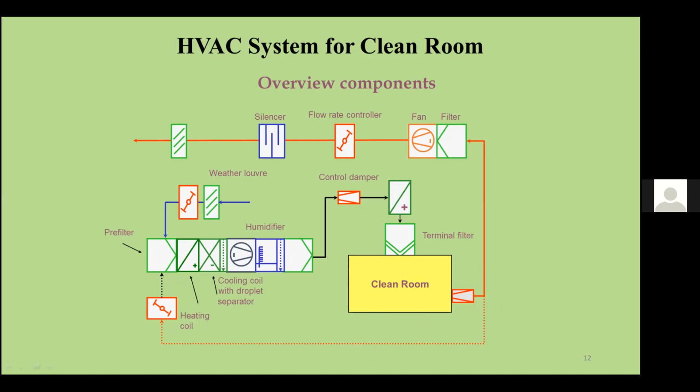At that time, the clean room air is filtered again through the HVAC system and passed into the clean room again. But suppose we use some hazardous chemical or contaminated chemical vapors, in that case we pass this clean room air directly into the atmosphere. So like that, bidirectional flow is mostly used in clean rooms.